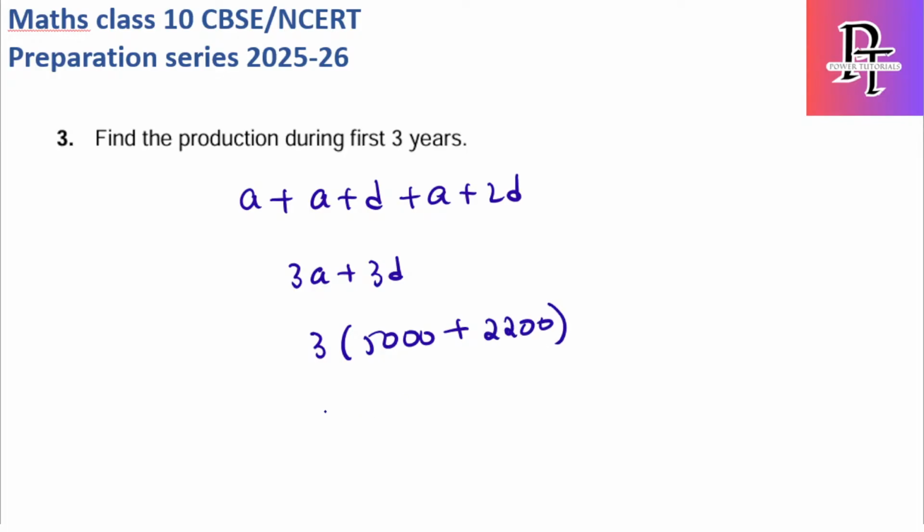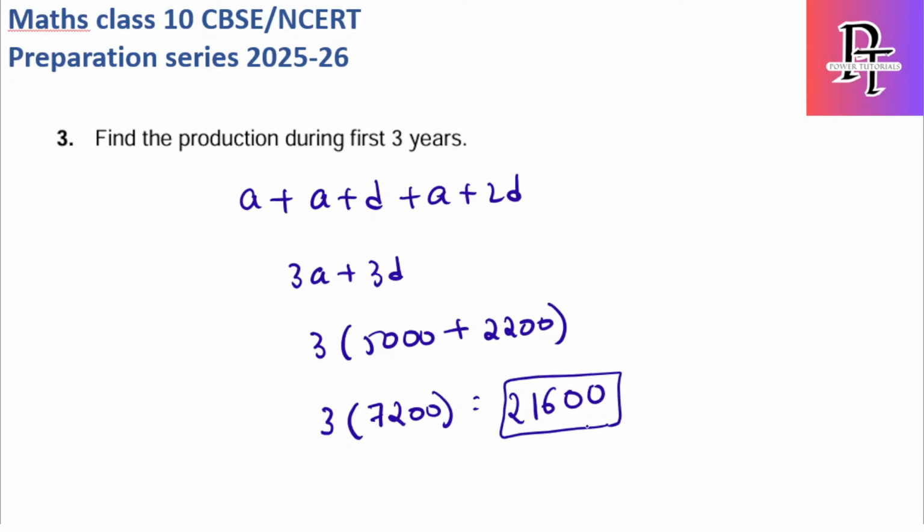So simply add these two, which is 7,200. 3 0s are 0, 3 0s are 0, 3 2s are 6, 3 7s are 21. So this answer is 21,600, the total number of units produced in the first 3 years.